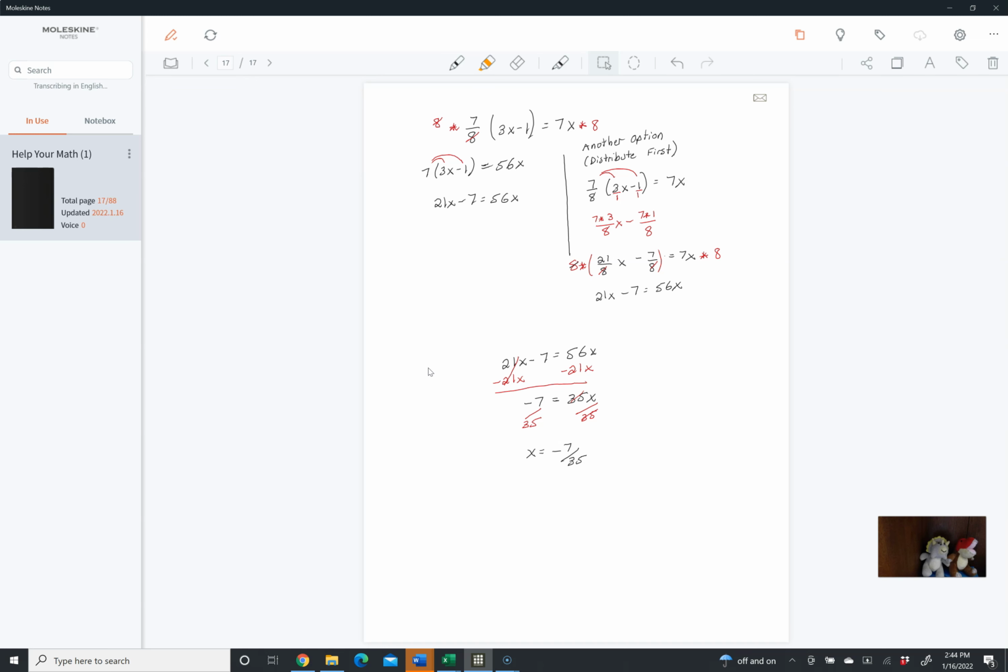That common factor is 7. So we're going to divide both the top and the bottom by 7. And we get negative 1 over 5 in reduced form. There was a common factor of 7, so the fraction could be reduced.